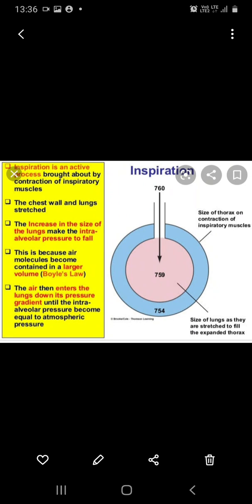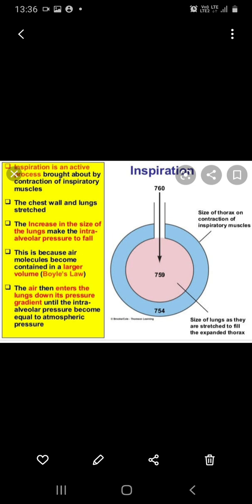So we must understand what gas pressure is and the role of gas pressure in respiration. Gases move freely, but gas particles are constantly hitting the walls of their vessel, thereby producing a gas pressure.